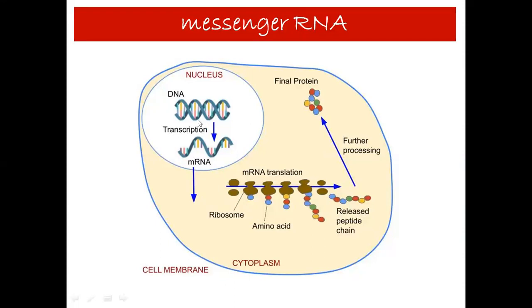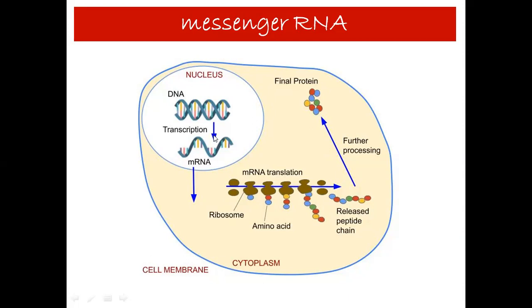The cellular machinery is creating a copy of the codes of a protein in the form of RNA. And this particular transcript is known as messenger RNA. And this particular biochemical process of conversion of the DNA to RNA, mRNA, is known as transcription.